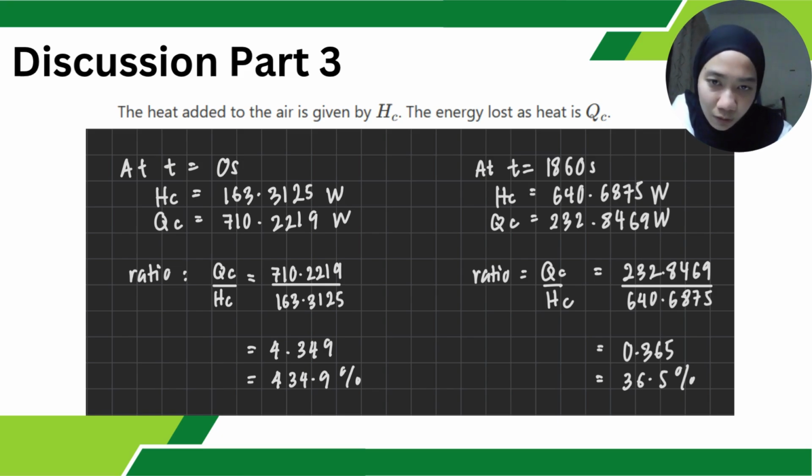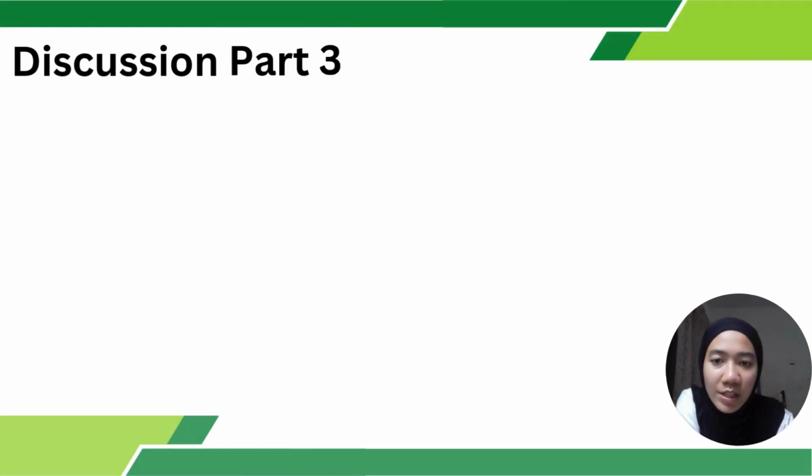So the ratio is 4.349, equals 434.98%. At T equals 1860 seconds, Hc equals 640.6875 watt and Qc equals 232.8469 watt. The ratio is 0.365, or 36.5%.